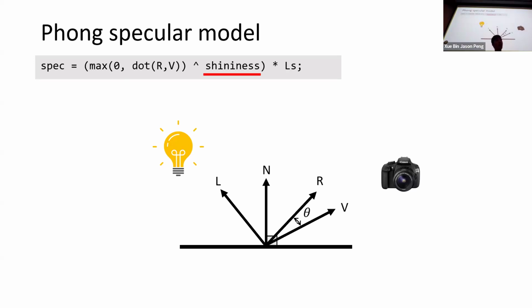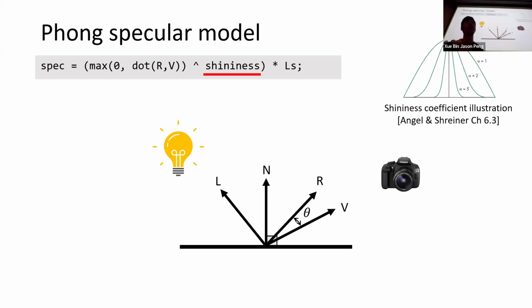For the most part, you can just think of the shininess coefficient as a magic number that tells you how smooth a surface is. If the shininess value is high, then we have a very smooth surface where most of the reflection is going to be concentrated along the reflection vector R. So the higher the shininess value, the more mirror-like the surface is going to behave.